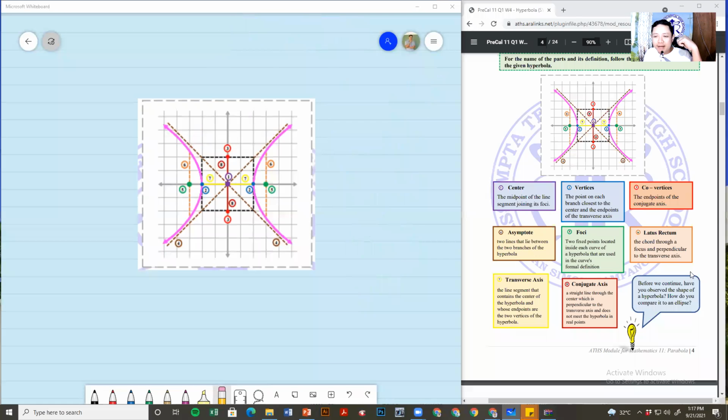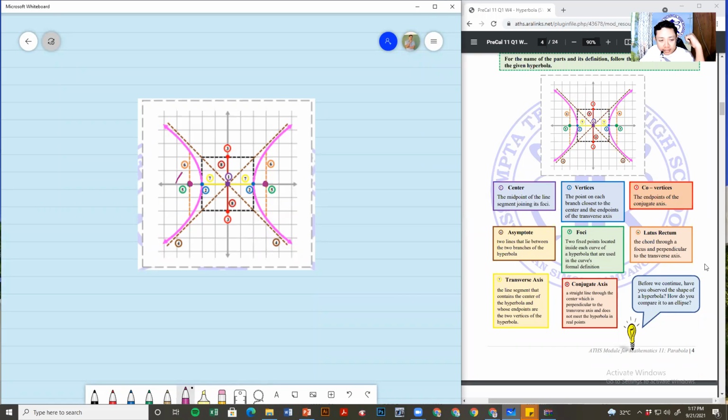Okay. We also have the foci. The foci, of course, are the 2 fixed points located inside each curve of the hyperbola that are used in the curve's formal definition. It's just the same as the ellipse. Actually, an ellipse has foci as well.